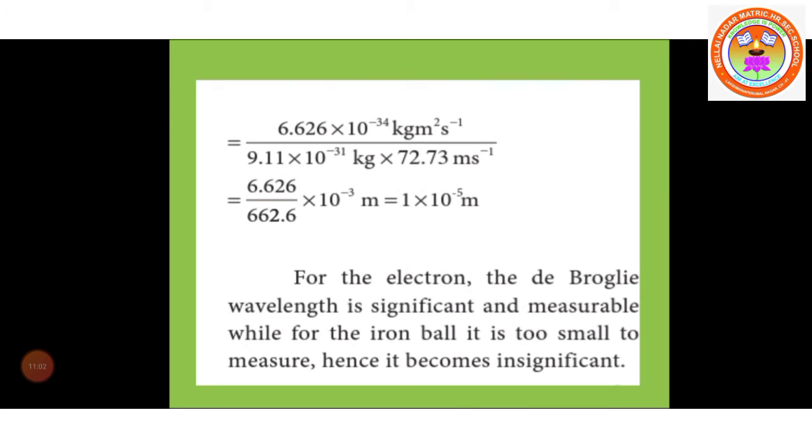So for the electron, de Broglie wavelength is significant because it is higher and measurable, while for the iron ball it is too small to measure, hence it becomes insignificant. Okay students, for the electron, de Broglie wavelength is significant and measurable, while the iron ball wavelength is too small and becomes insignificant.